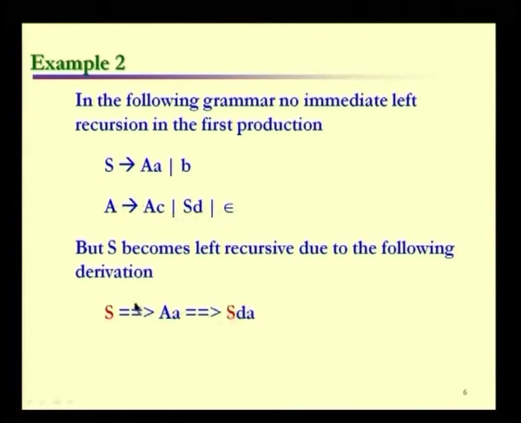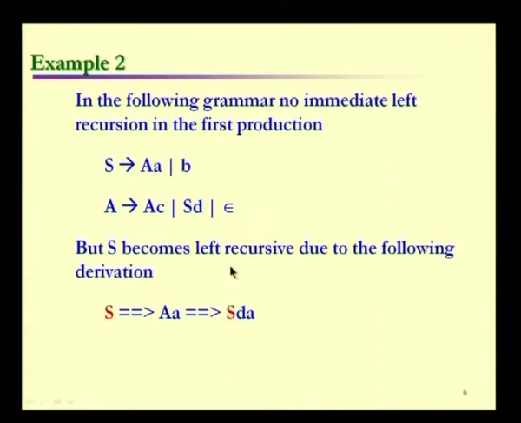Now this derivation becomes S derives S. If you simply ignore the middle component, we have a derivation for S starting with S. Once again it forms a loop: S deriving S, then A, and then S again. So that is the left recursion.